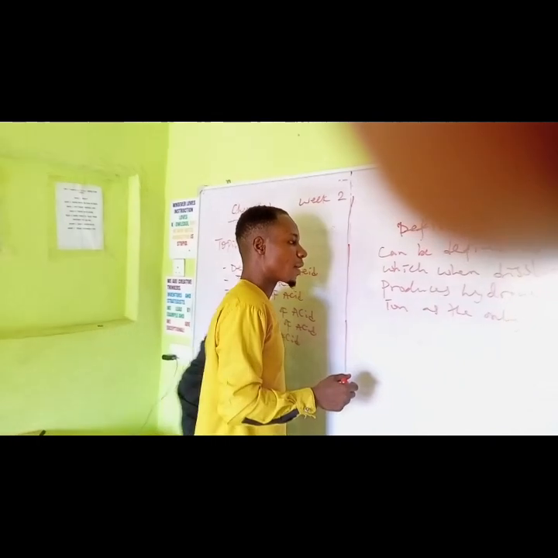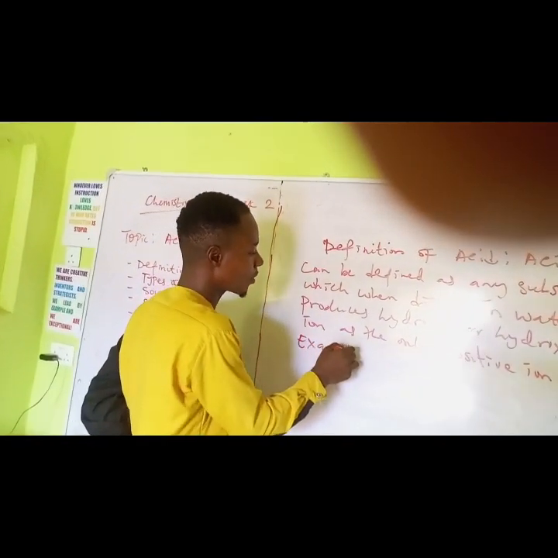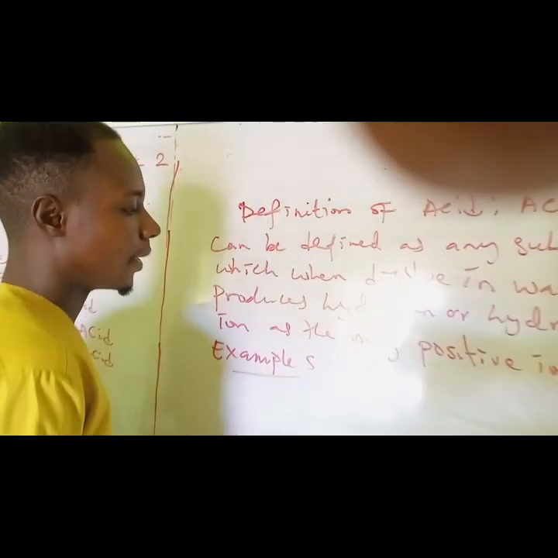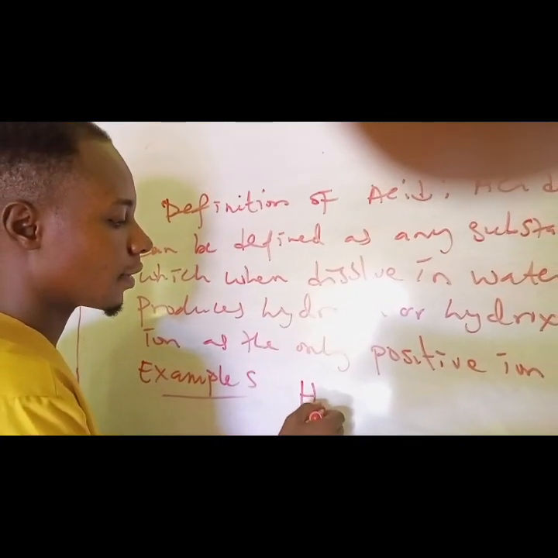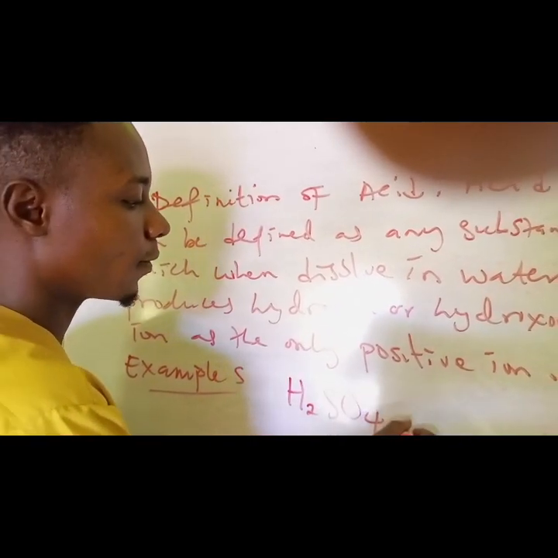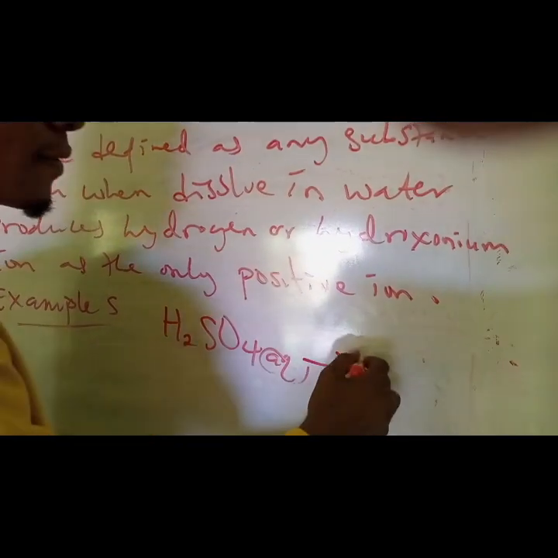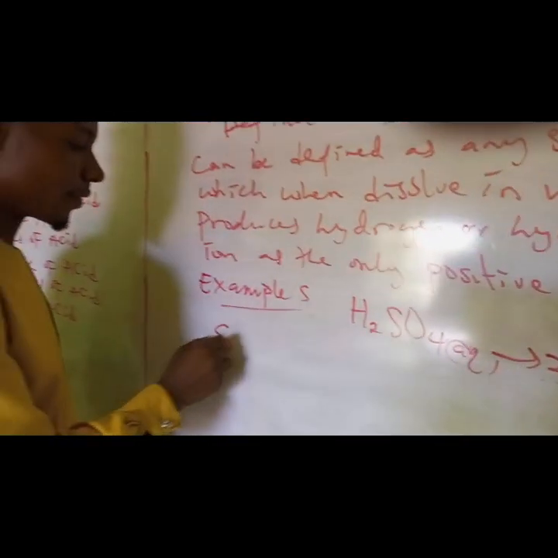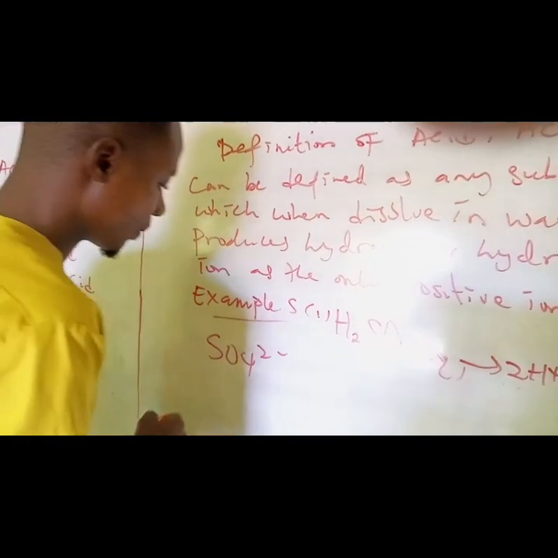Now, the key example we are going to look at here is when you dissolve H2SO4 in water, that is aqueous, you are going to have 2H+ and a corresponding negative radical, SO4 2-. That's the first example.